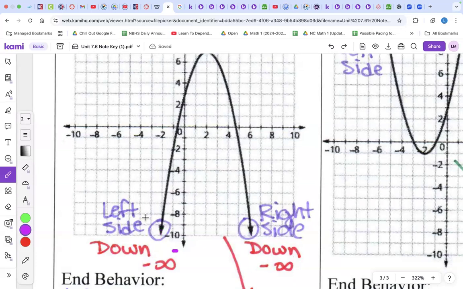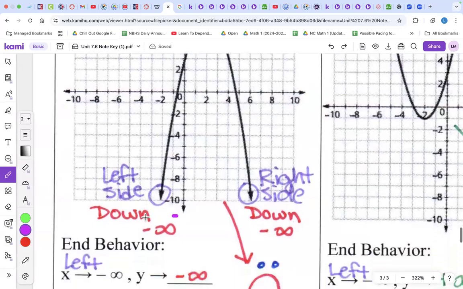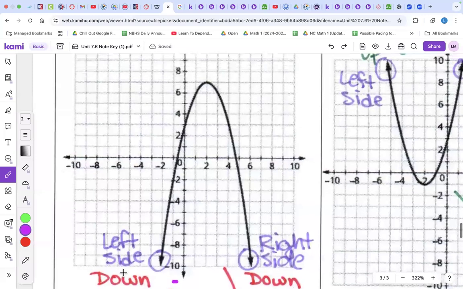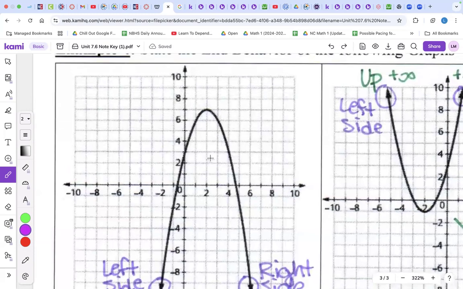So let me explain. It says end behavior as x approaches negative infinity. Let's use another parabola that represents the same thing. Say your parabola is going this way. You see it's going towards negative infinity on x. My question to you is, which way is it going on y?